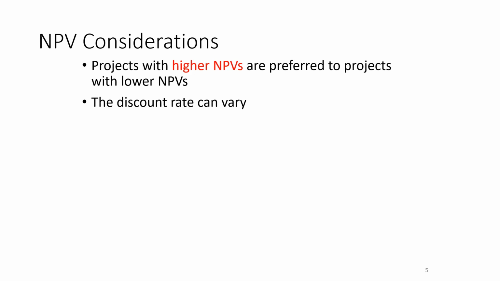So higher is better if all other factors are equal. So you just need to calculate NPV for each project and then select the higher one. The discount rate can vary based on prime rate and other economic considerations, or R. You remember we discussed this, but it can be usually between 8% to 10%, but it depends on the situation.